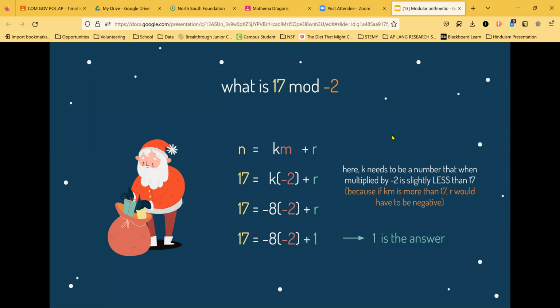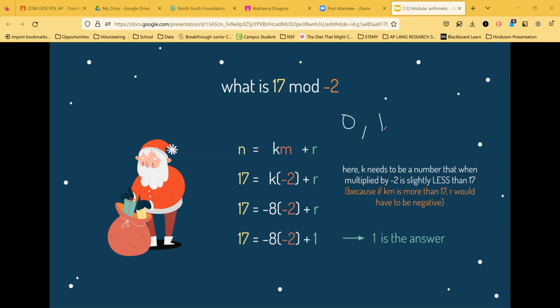So that means that instead of being between 0 and -2, it would have to be between 0 and 2, not including 2, because we can't get a remainder of 2 when dividing by -2. So it has to either be 0 or 1 as the remainder in this case.